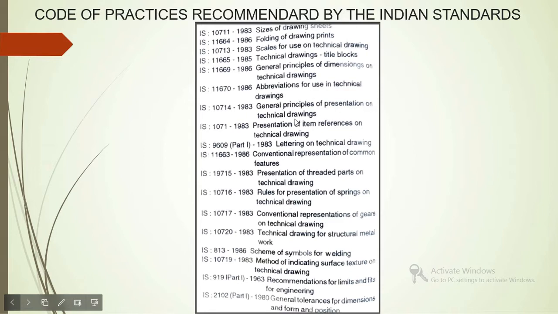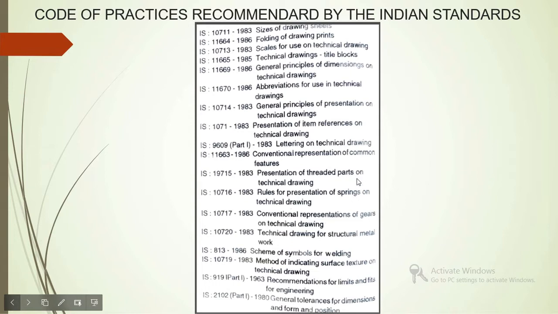Next, general principles of presentation of technical drawing are available in Indian standard 10714. Presentation of item references on technical drawing is available in Indian standard 1071. Lettering in technical drawing: lettering size is controlled in Indian standard 9609. Conventional representation of common features is controlled by Indian standard 11663.